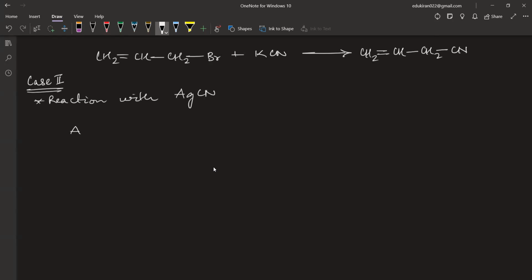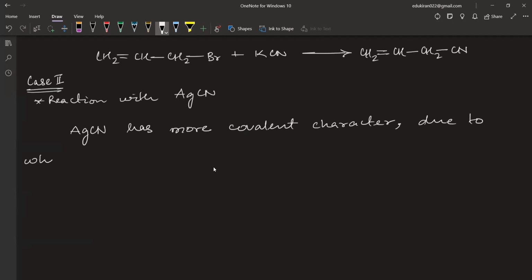Please write. AgCN has more covalent character, due to which it does not separate into ions.